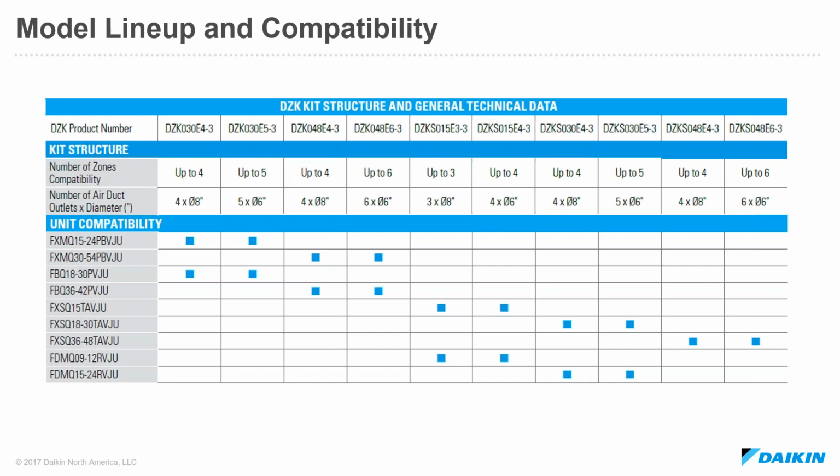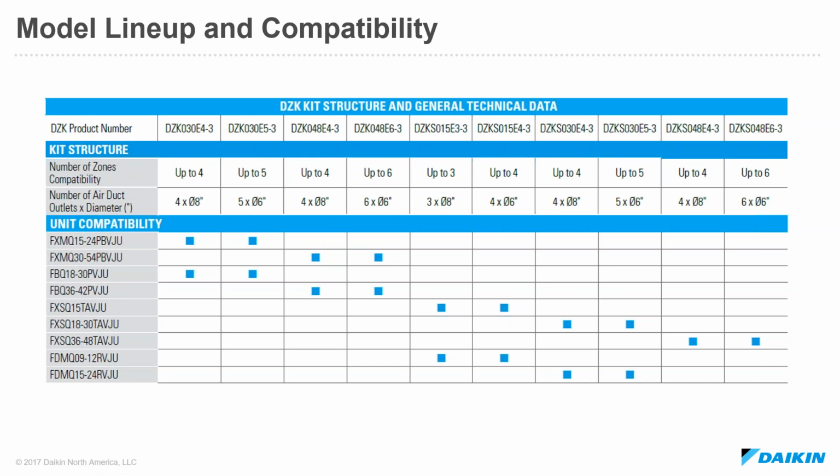And that pattern is followed pretty regularly throughout the DZK. With fewer outlets, we generally use an 8 inch outlet. If you are using the option that has a higher quantity of outlets, then you generally end up with a 6 inch diameter outlet. So the new DZKS series is where we start to introduce compatibility with the FXSQ and the FDMQ.